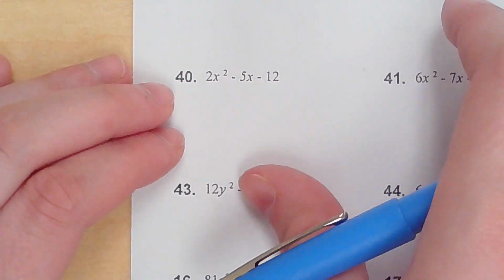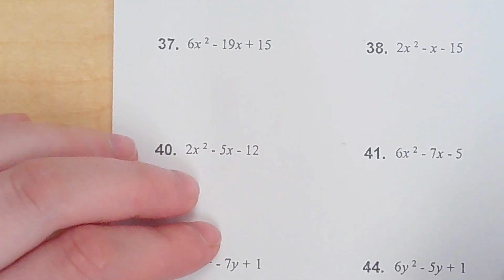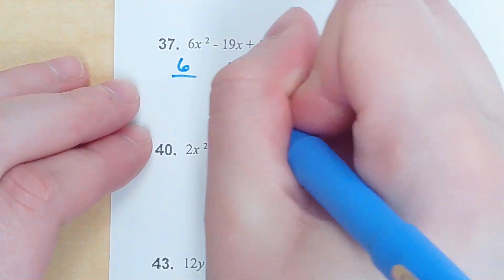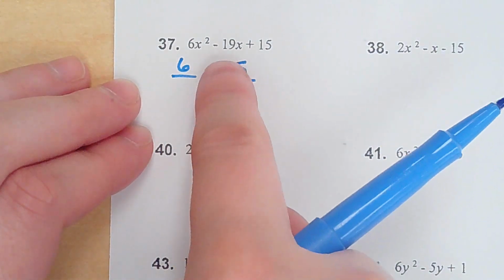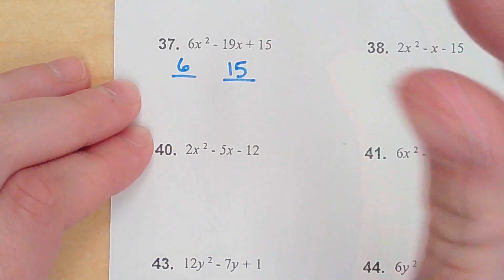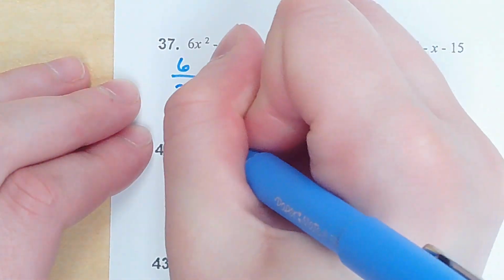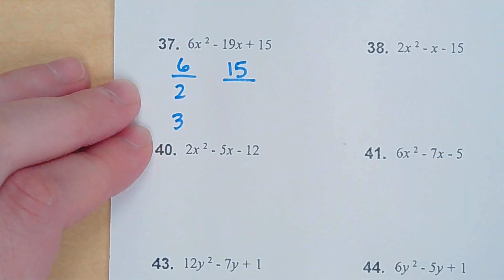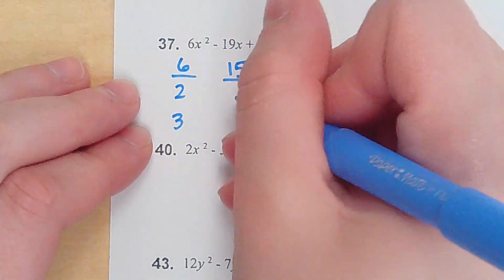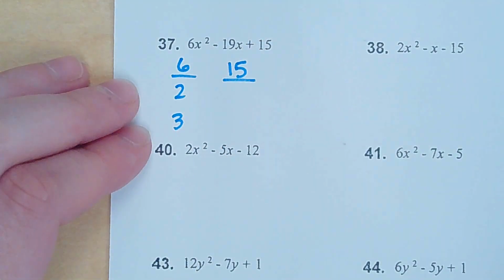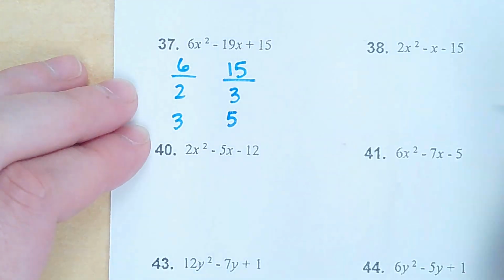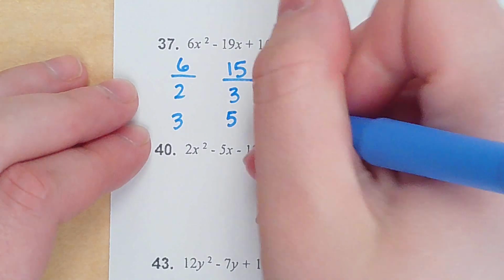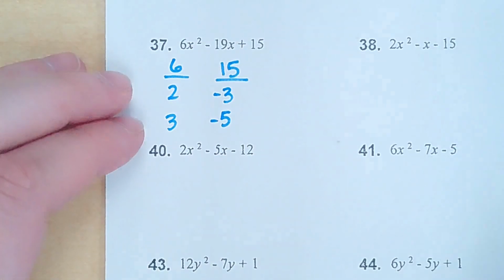So let's review X method. We have a 6 and a 15 that we're paying attention to. I want to find factors of 6 and 15 that will give me a negative 19 in the middle. So I'm going to guess it's a 2 and 3. And then for 15, let's do maybe a 3 and 5. Now I want it to be a negative 19 in the middle, so let's make both of those negative.